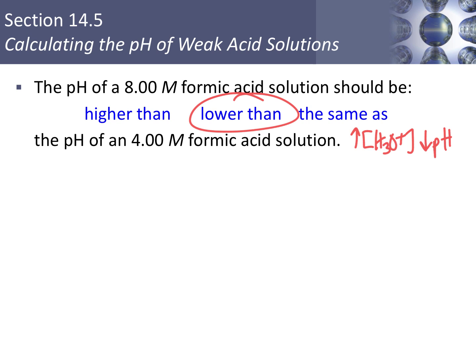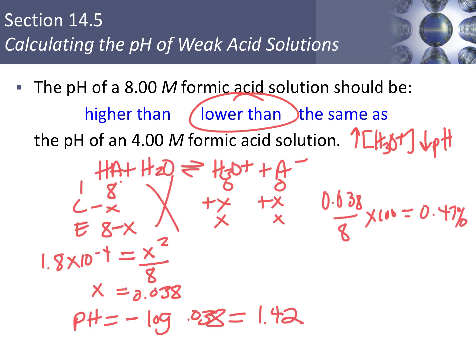Here's all the math confirming what we just talked about in the last couple of slides. In my ice chart, X is equal to 0.038. When I put in 8 molar, I get a pH of 1.42. For the 4 molar solution, we got a pH of 1.57.